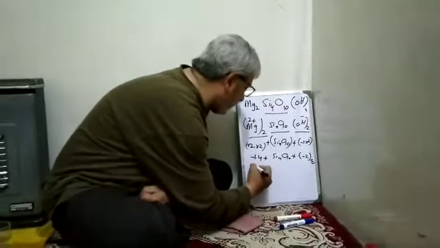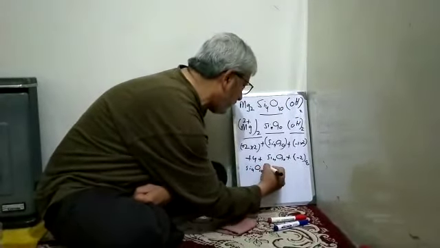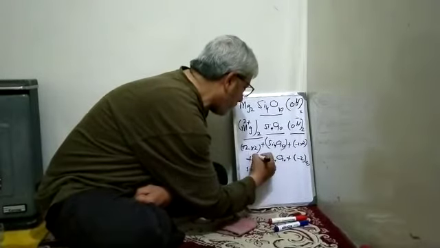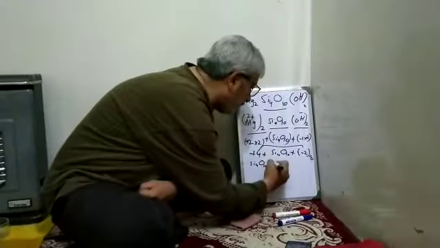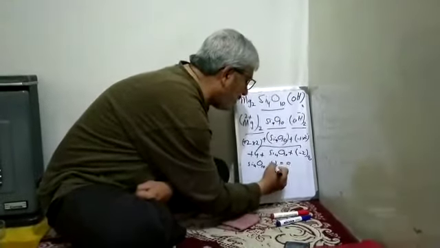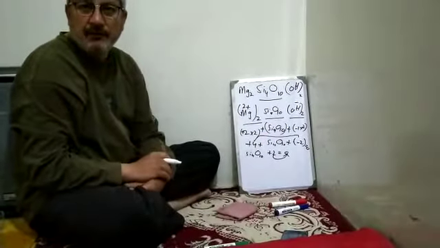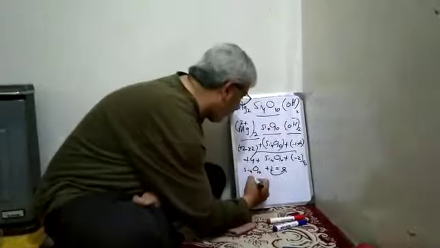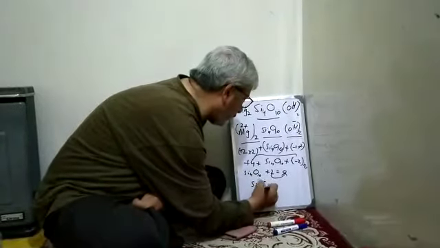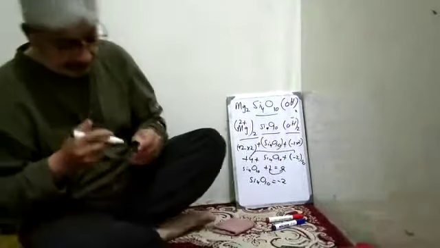By solving it, we have Si4O10, plus 4 and minus 2 is equal to plus 2 is equal to 0. By moving plus 2 on the other side, it will become minus 2. So the charge is minus 2. Si4O10 is equal to minus 2, which is the answer.